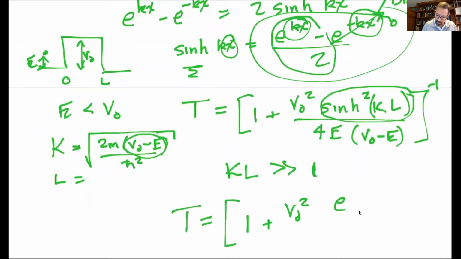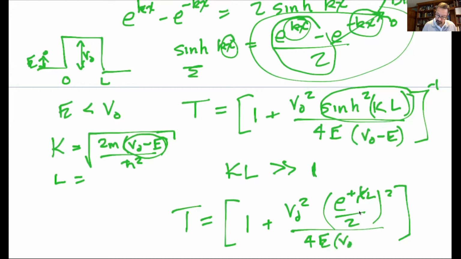It would be E to the plus kappa times L over 2, squared. That replaces the hyperbolic sine in the case where kappa times L is big. Okay, all that divided by 4E, and the difference between the barrier height and the energy of the particle. Okay, and this is all raised to the -1 power.